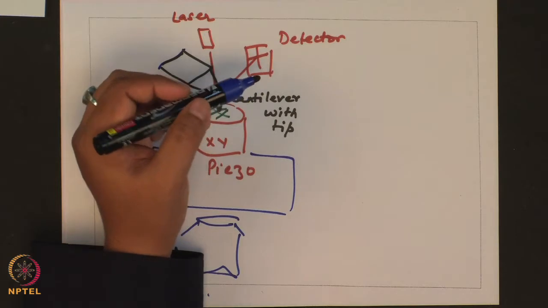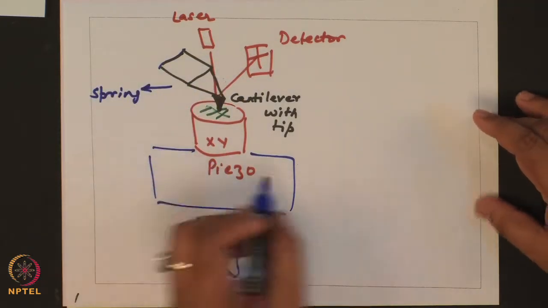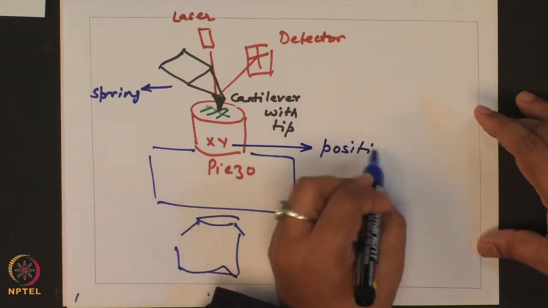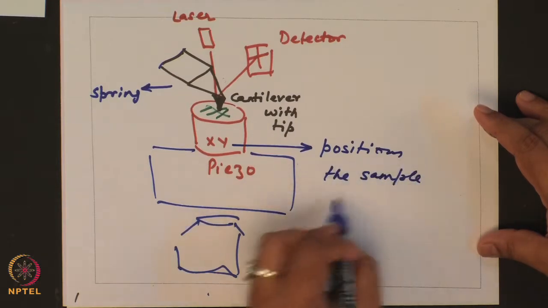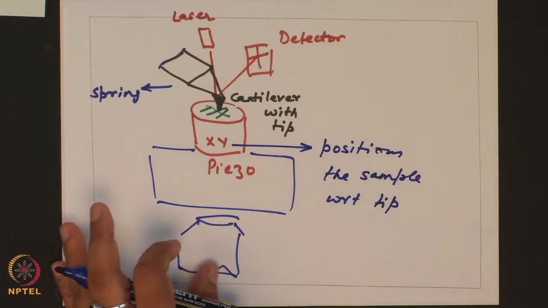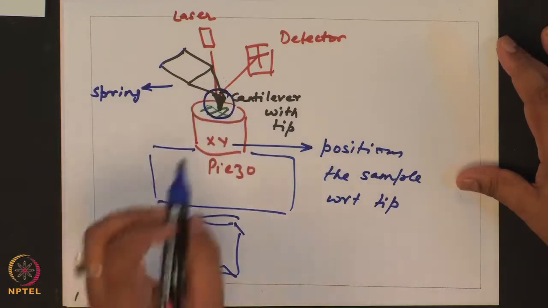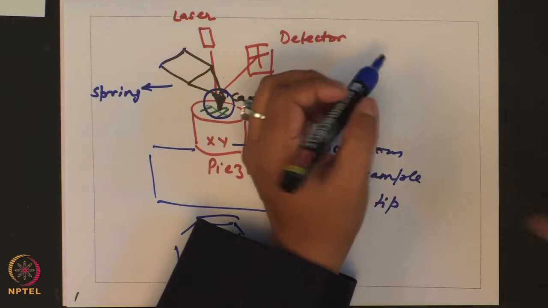You have an XY piezo for positioning the sample relative to the tip. If you look closely at the tip, you can have various different geometries.